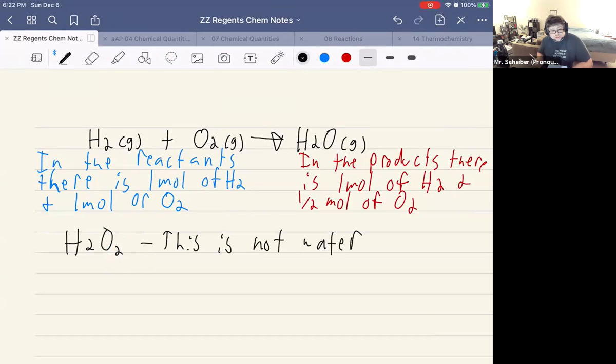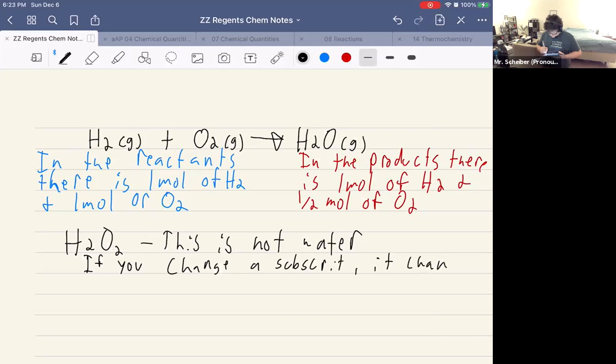I want my original equation to always make the same substances. If you change a subscript, it changes the substance.